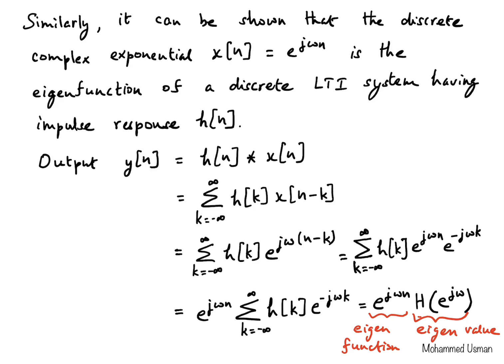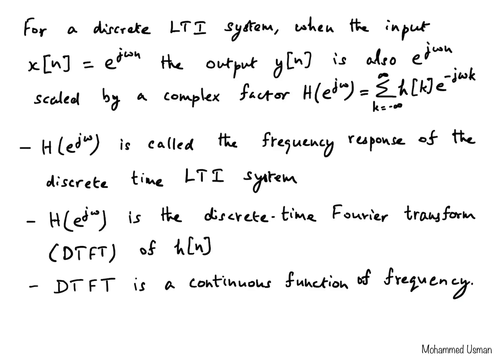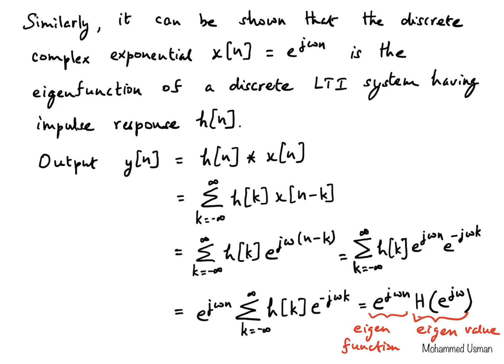So now let's summarize what these parameters are. What we have here is H of e power j omega, which is the frequency response of the discrete time LTI system. We obtained H of e power j omega by this calculation here, which is this summation.